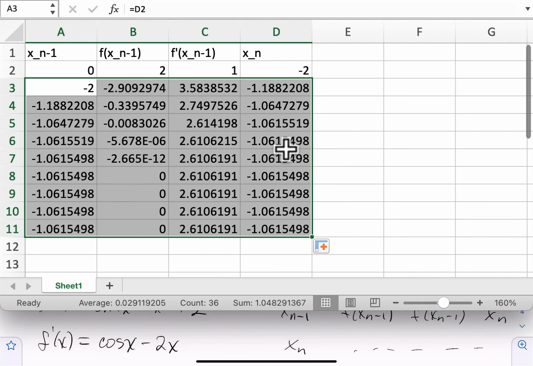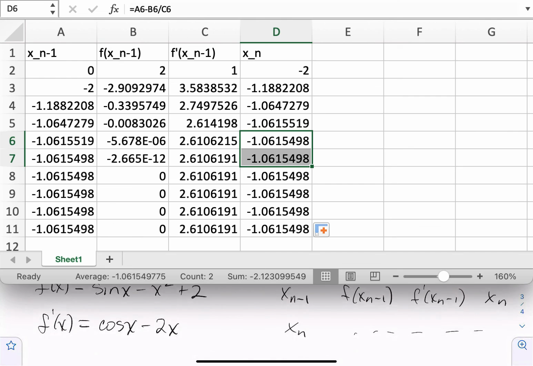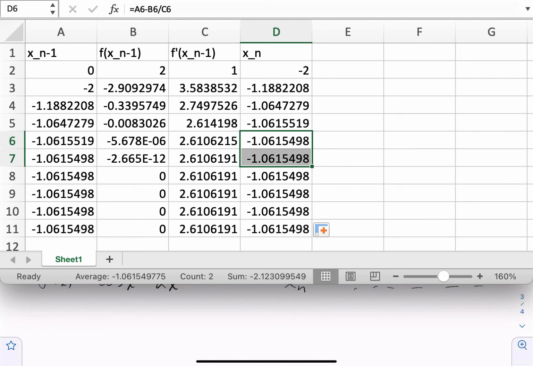Once I see that, let's see, 1, 2, 3, 4, 5, 6, right there, I can see that I have 6 decimal places that agree up to this point. So in my work down here, I'm going to say that x is approximately negative 1.061550.